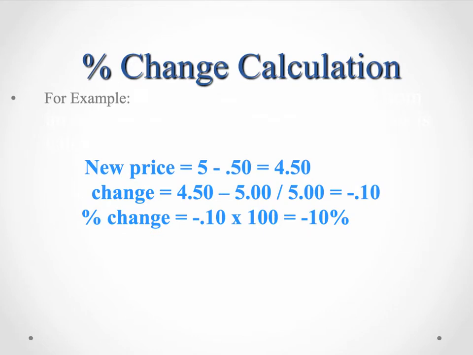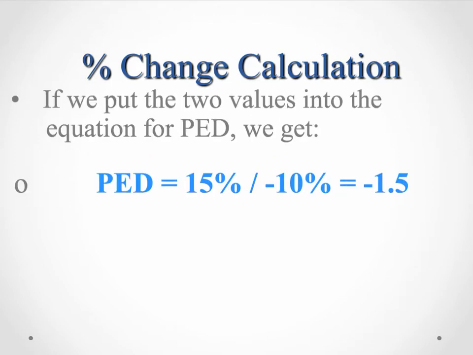In this part, I decided to go ahead and give you the price change. So moving on to the next slide, if you combine the percent change in quantity demanded over the percent change in price, you will get a PED, or price elasticity coefficient, of 1.5.